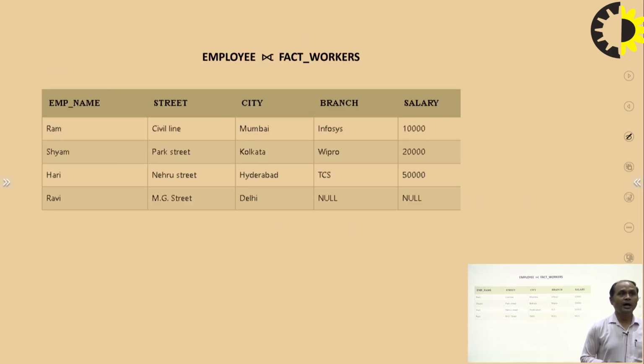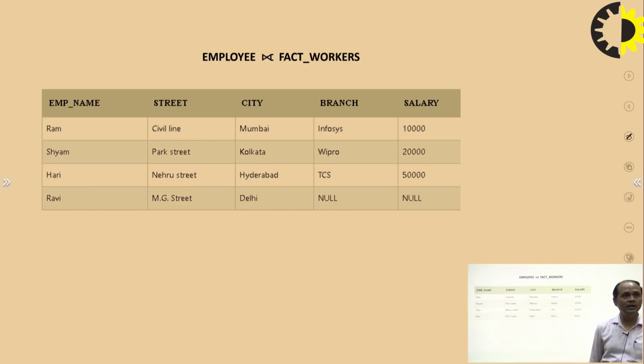So what is the output of this table? You have to combine the tables, keeping all the rows of one table, and you may not have the value of the right hand table.